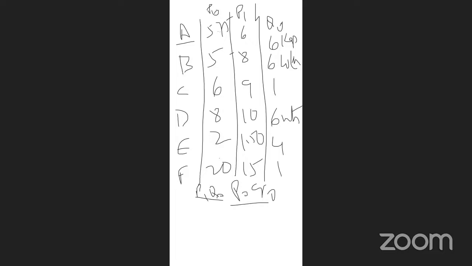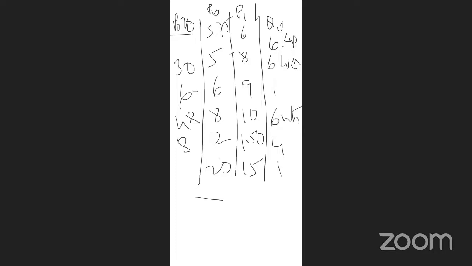Work out and tell me the values. 5 into 6 is 30. 6 into 1 is 6. 8 sixes are 48. 2 fours are 8. 20. And 5.75 into 6 is 34.5.